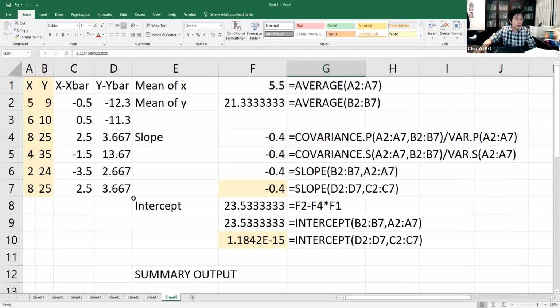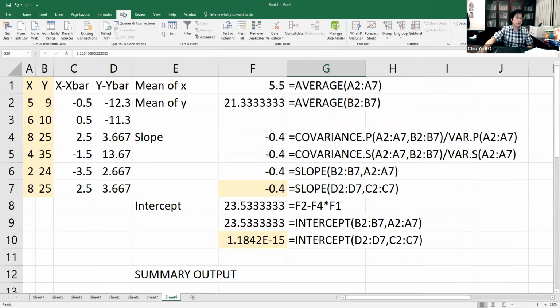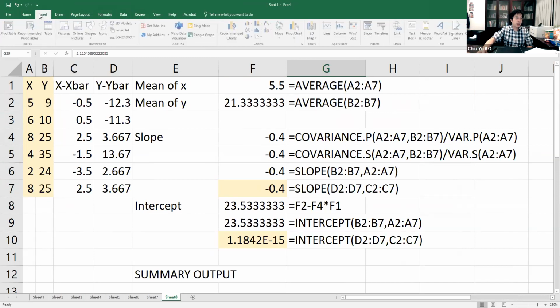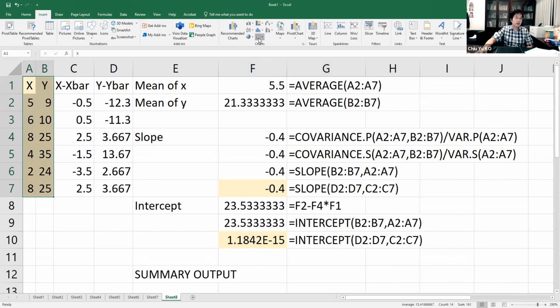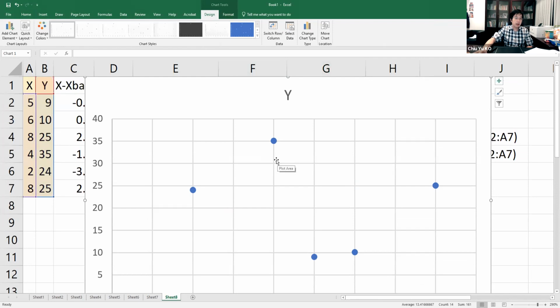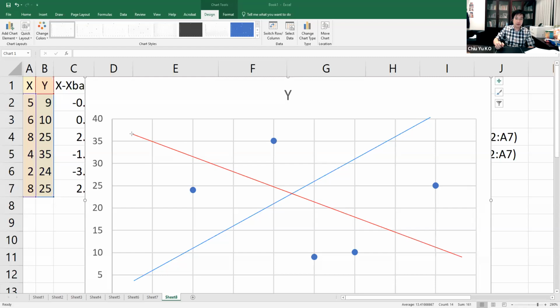But before we end today, I want to remind you that if you run a regression, which I encourage you to do for your project, you should draw a scatter plot first. You should have the data and a scatter plot. For this graph, maybe you want to fit a line this way, which seems a good fit, but the same can be said about this line, and this one may also be a good fit.